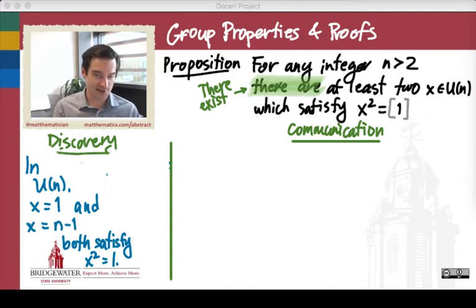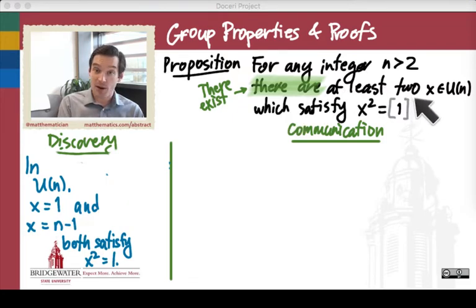Constructive proofs are really nice in math because not only will the reader understand why the statement is true, but furthermore, the reader will understand how to make these examples of x's that satisfy x squared is equal to 1. So it adds a little bit of value to write a constructive proof. Not everything in mathematics has a constructive proof, but those things that do are pretty nice to work with. So let's see if we can justify this. Although before we do, one more quick, careful, seemingly silly point that I want to make about this.